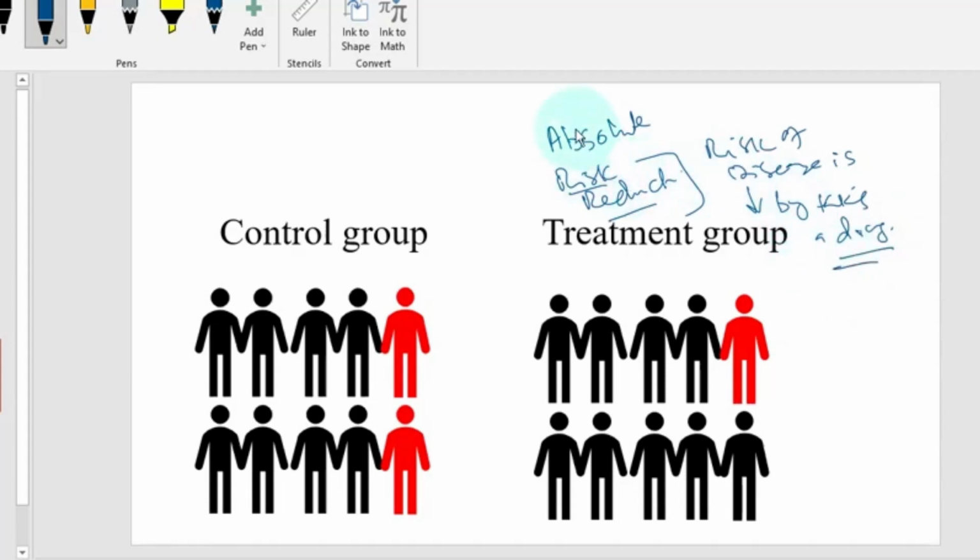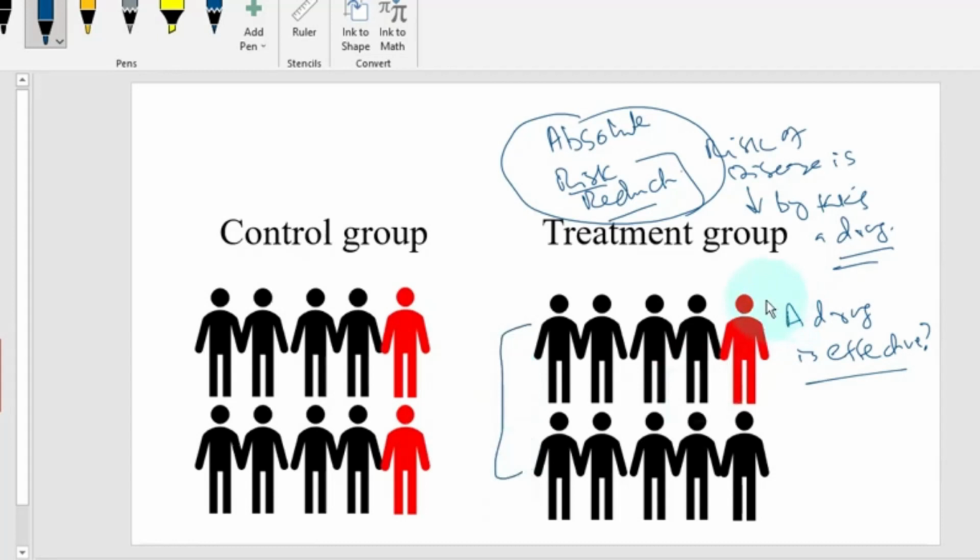How much is it? How much is a drug effective? The measurement of that thing, that value, is called absolute risk reduction. So if you are taking 10 participants, one of them gets treated, what is the absolute risk reduction?